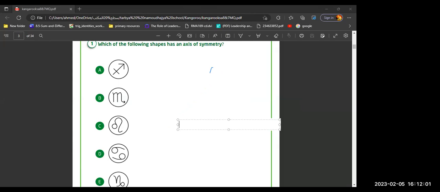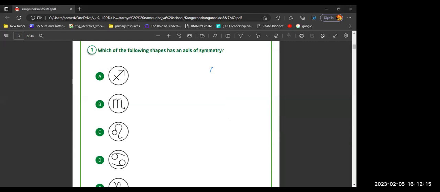Okay, guys, keep it up with me. All right, so look, this is the axis.